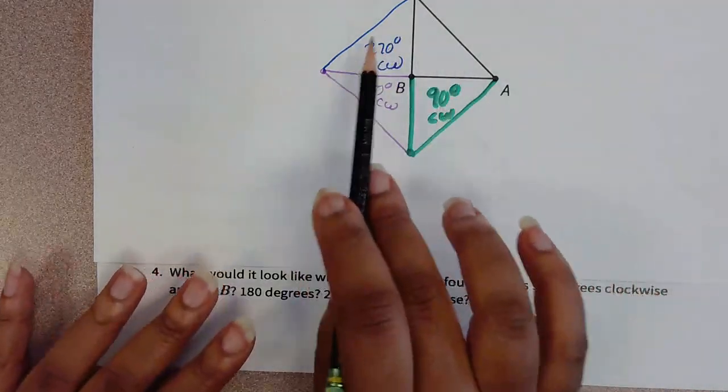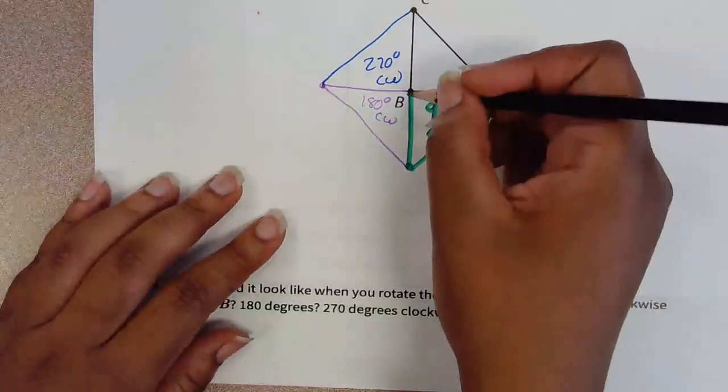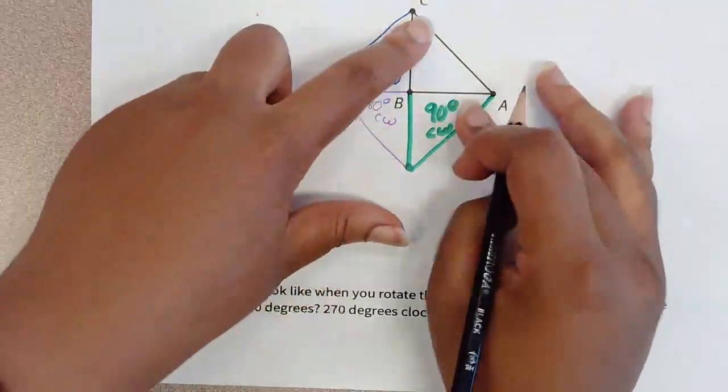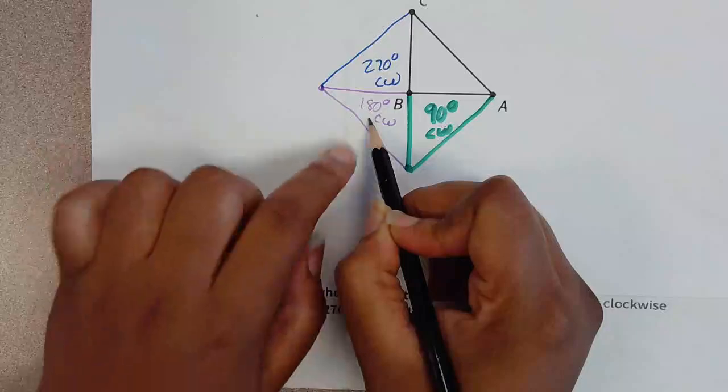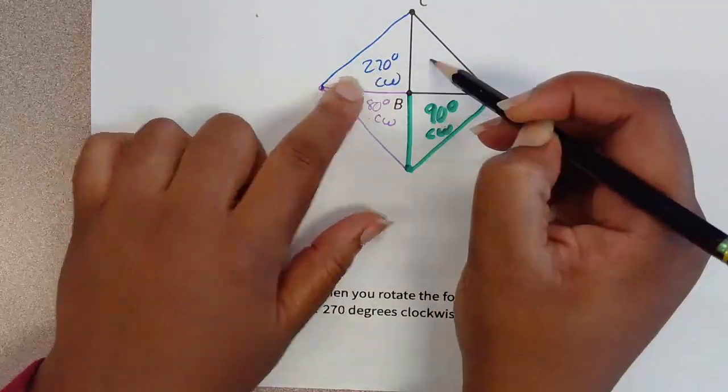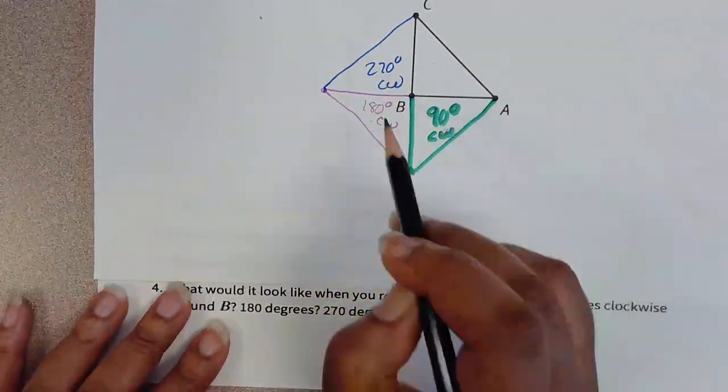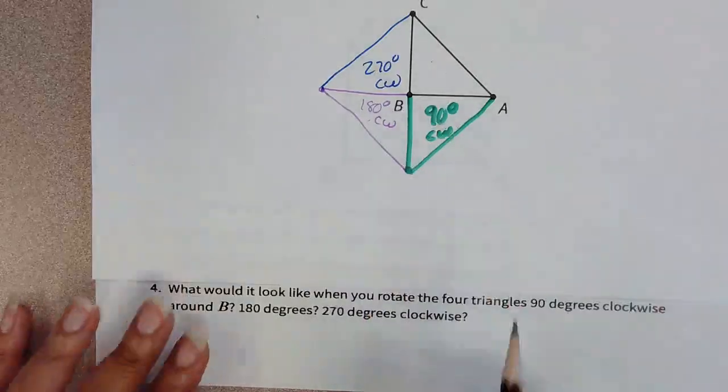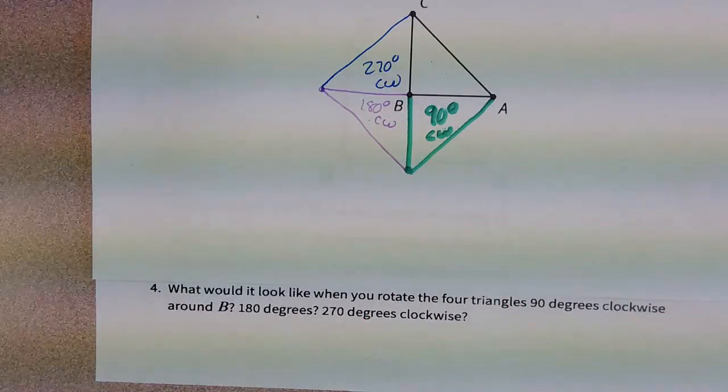They're just going to shift around. So if I was to take this all and rotate it 90 degrees, this green would be here, pink would be here, blue would be here, and black would be there. So it'll just keep turning the shape around, kind of like a spin wheel.